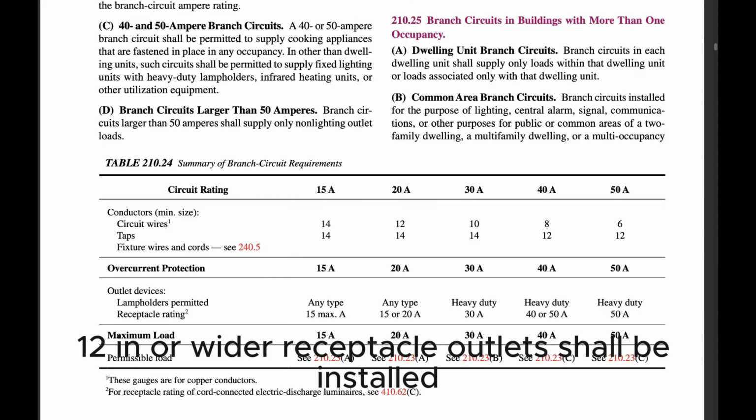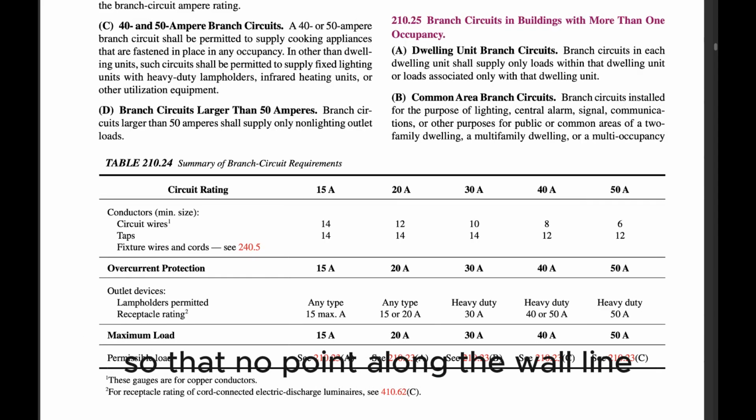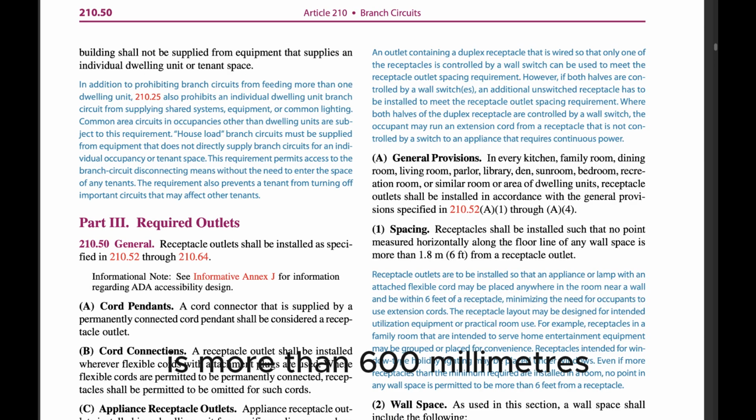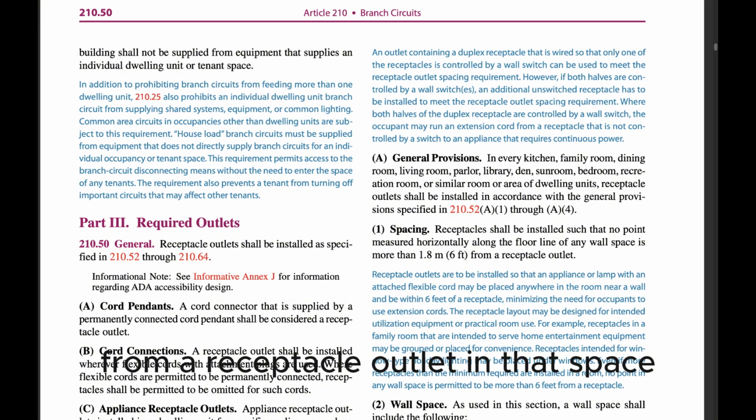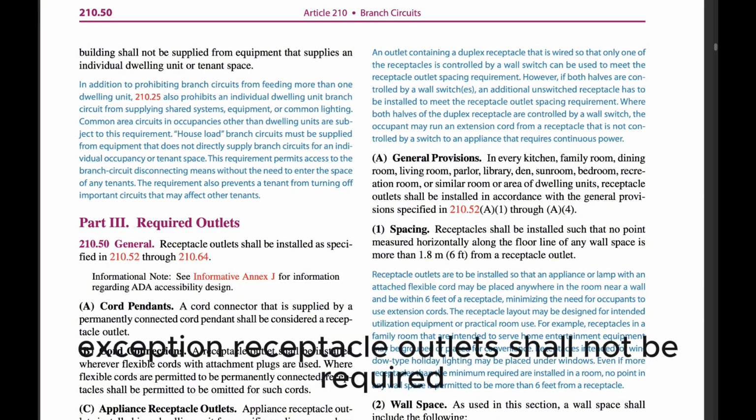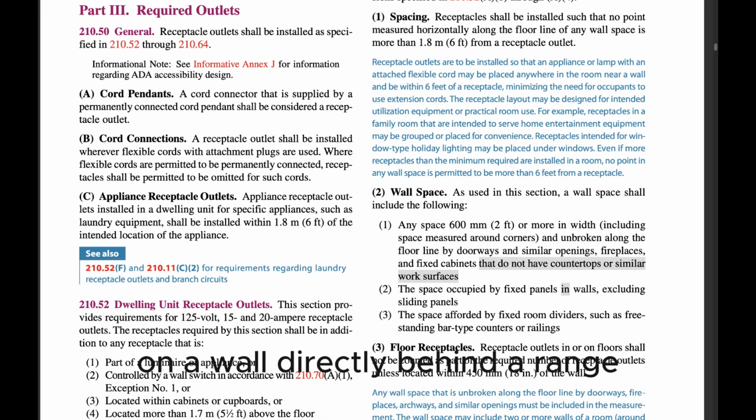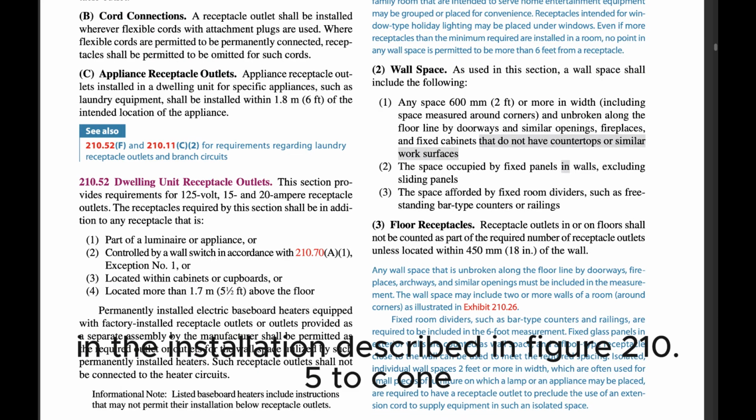Receptacle outlets shall be installed so that no point along the wall line is more than 600 mm (24 in.), measured horizontally from a receptacle outlet in that space. Exception: receptacle outlets shall not be required on a wall directly behind a range, counter-mounted cooking unit, or sink in the installation described in Figure 210.52(C)(1).